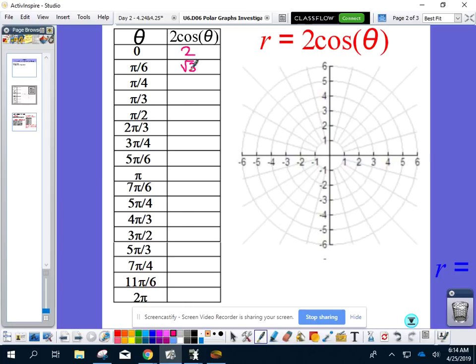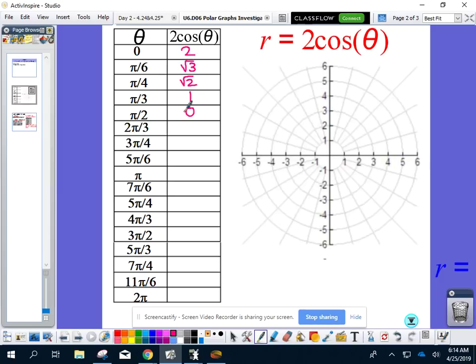For pi over 4, we get square root 2 over 2, multiplied by 2 is just root 2. For pi over 3, that's 1/2 for cosine, so half of 2 would just be 1. Then up at pi over 2, the cosine value would be 0. Anything multiplied by that would also be 0.